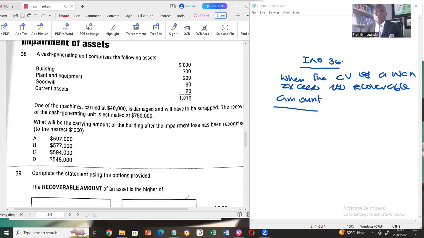Now we go to the meaning of recoverable amount.